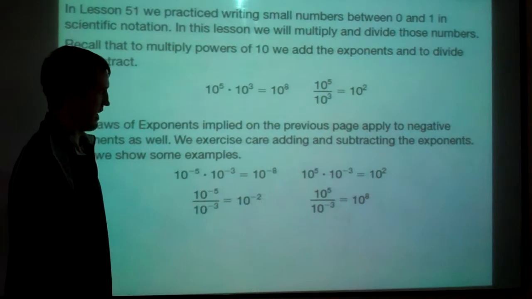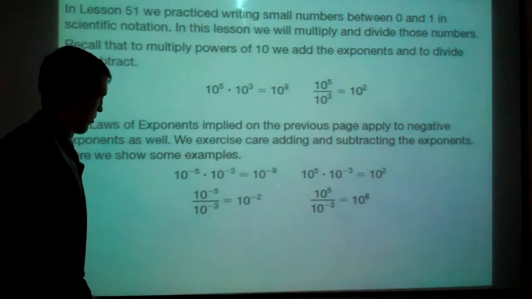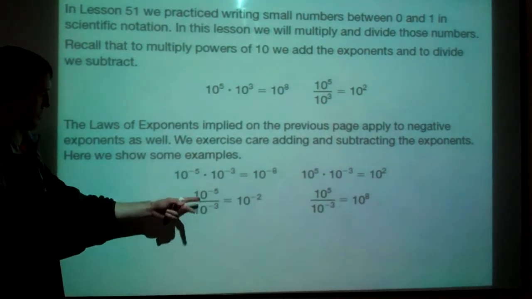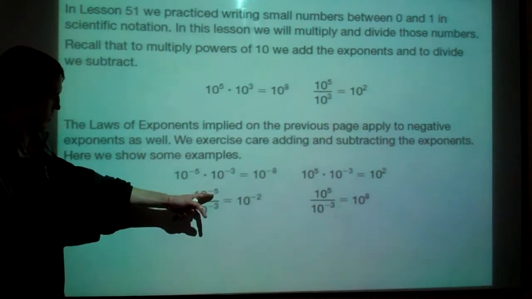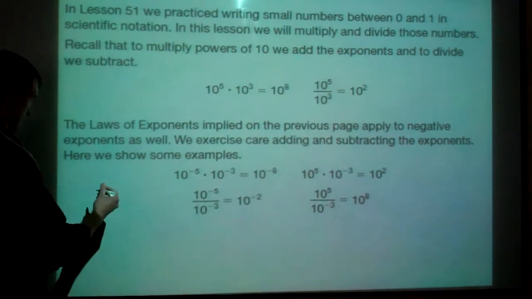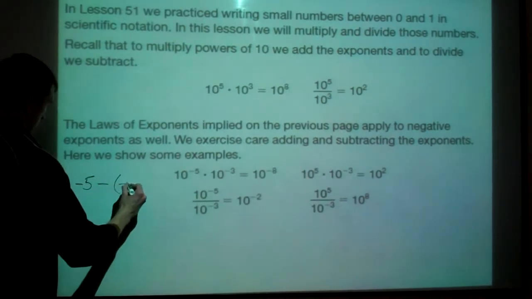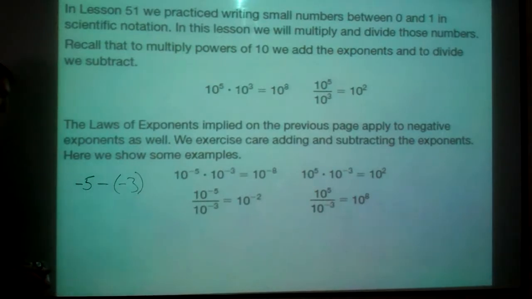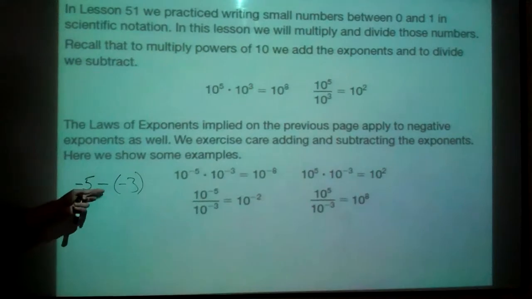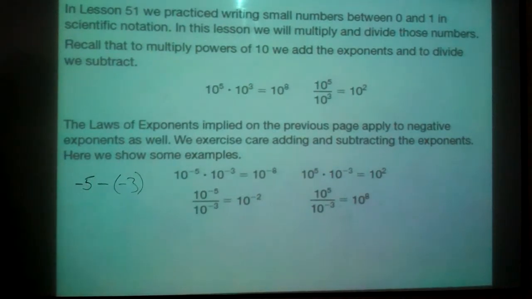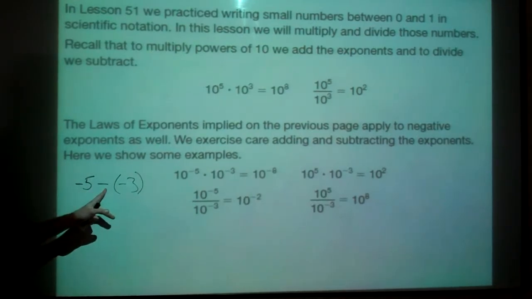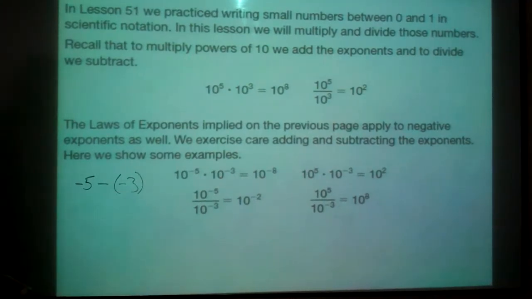Now, when we are dividing, remember, we could subtract those exponents if they have the same base, which they do. So negative 5 minus a negative 3. That's one of these situations. We had a rule that if we were subtracting integers, we could turn it into addition, but we had to add the opposite of whatever the second number was.